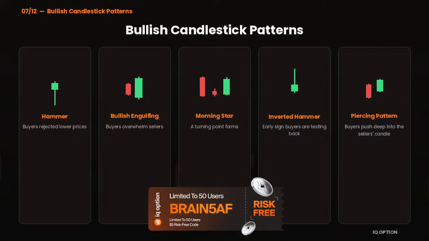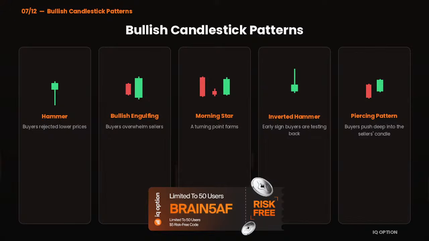Sellers came into the market and pushed the price down, and buyers came in and fought back until they pushed the price up, and the candle closed green. It tells us that the selling pressure might be running out, and the buyers might be capable of taking total control of the market.